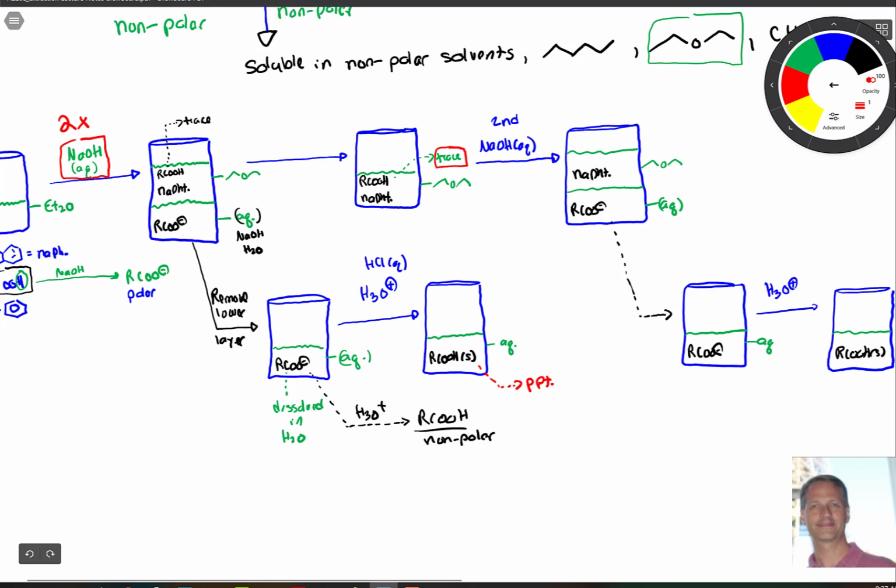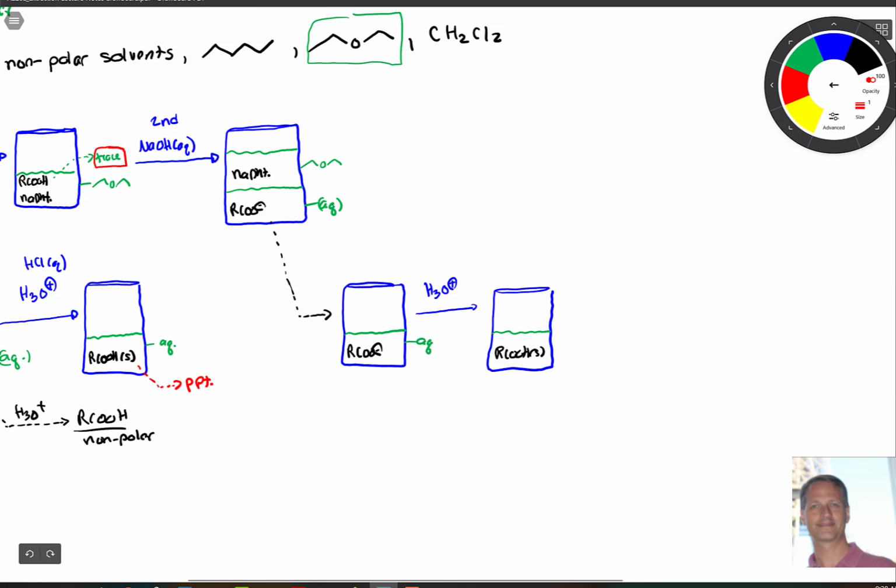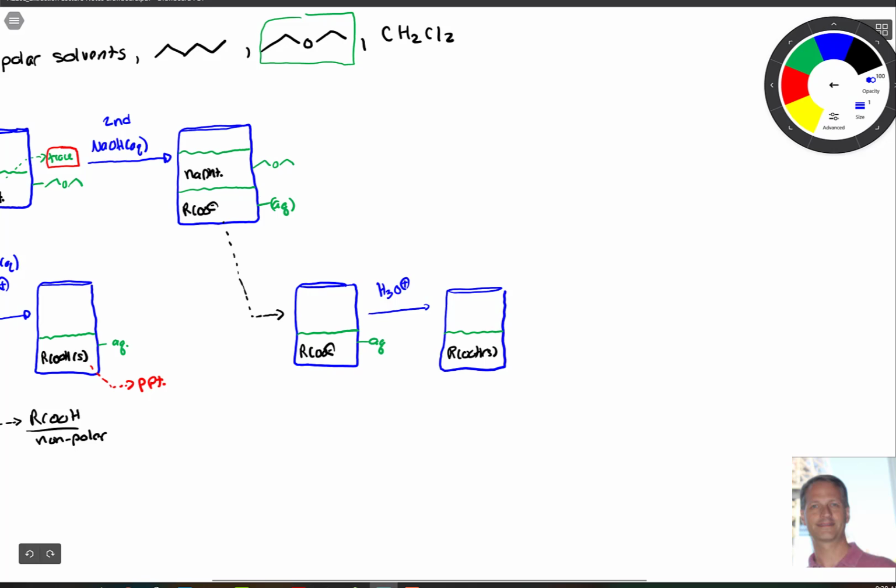Okay. Now, when we look at the final solution here, and we talk about our top layer, so here's your conical vial or whatever you're dealing with. You have your ether layer here. You have naphthalene present. Now, to get that out of solution, what we do is we do 2 things.